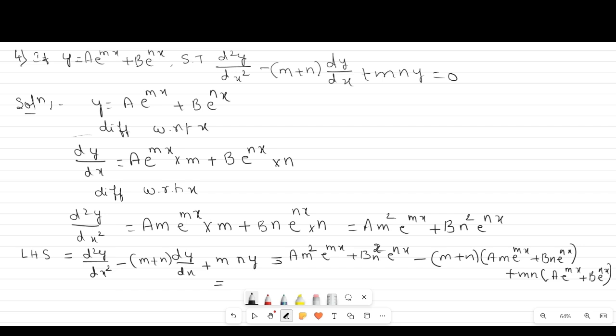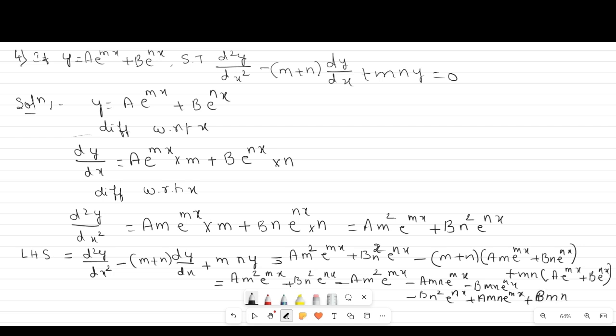Okay, let me simplify this. First term, a m square e power mx, as it is I am writing, plus b n square e power nx also as it is, minus a m square e power mx, minus a m n e power mx, minus b m n e power nx, minus b n square e power nx, plus a m n e power mx, plus b m n e power nx.